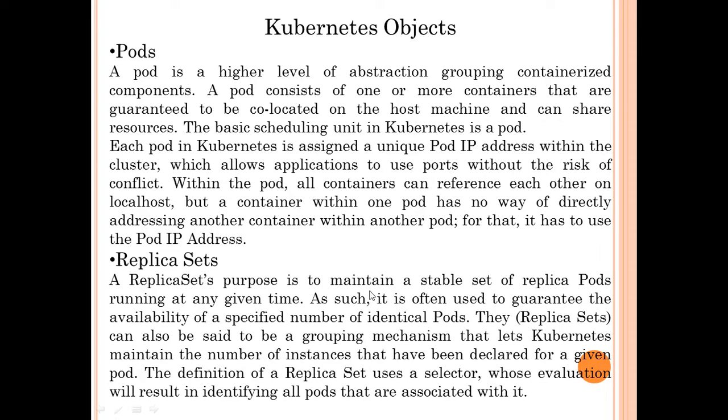It is a grouping mechanism that helps Kubernetes maintain the number of instances that have been declared for a given pod. Now, whenever you are working with pods, they have a number of containers in them, which can be 4, 6, 8. I think the maximum limit is there. So you need to create some replicas of it. Now, why is it required?